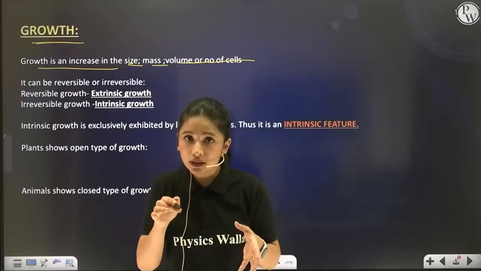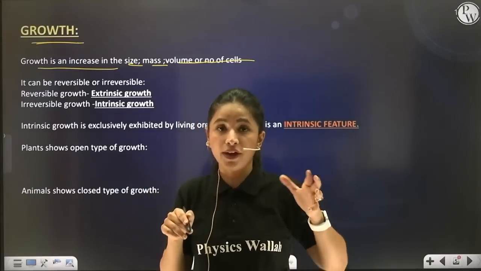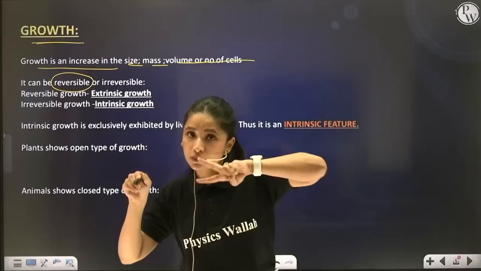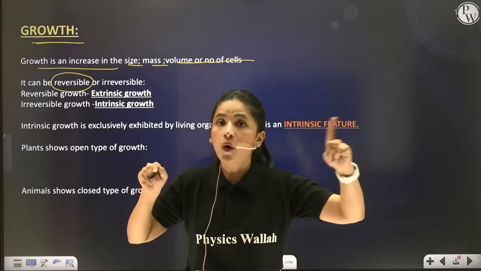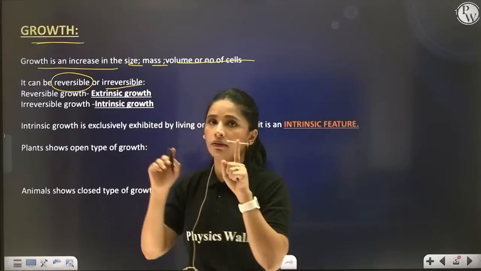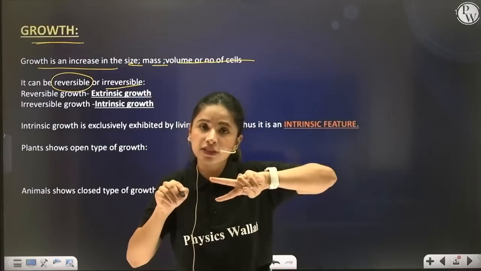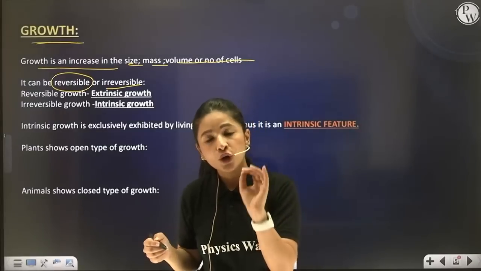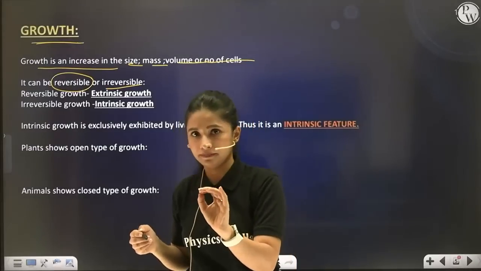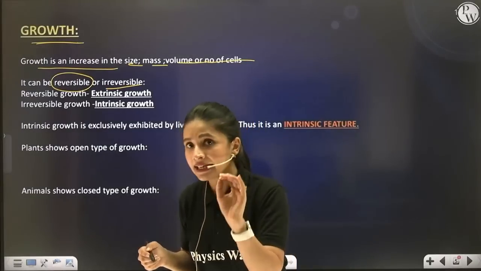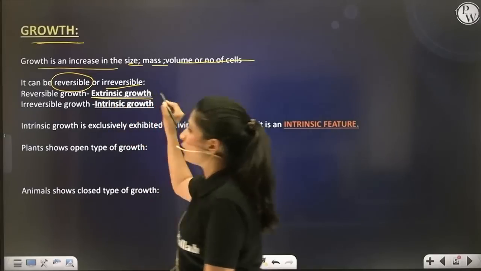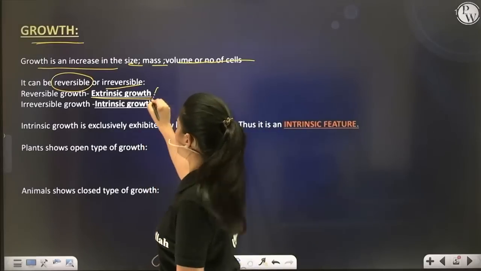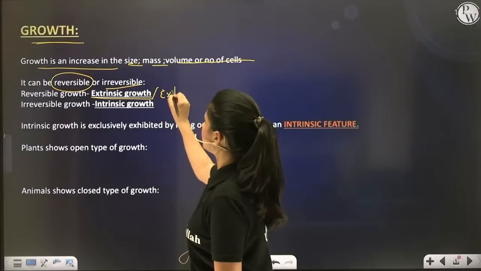Now this growth can be of two types. It can be a reversible growth, that means which can be reversed back, or it can be irreversible, that means which cannot be reversed back. Correct? If growth is reversible, then that type of growth is known as extrinsic growth, also known as external growth.